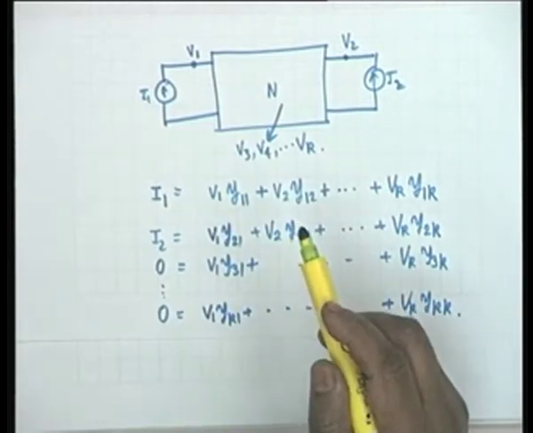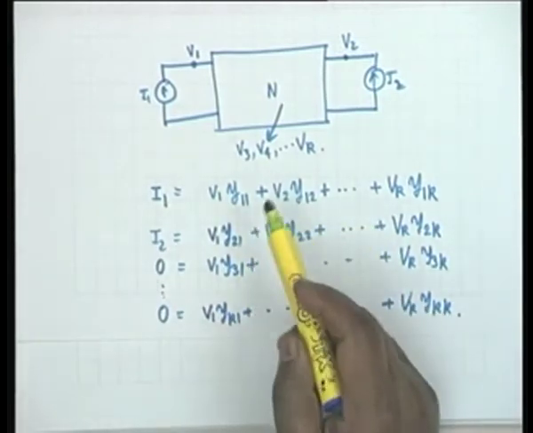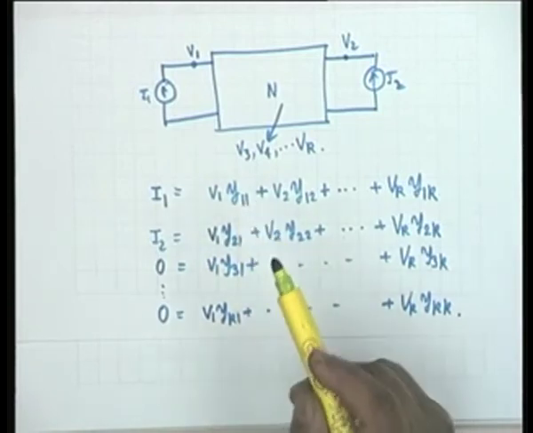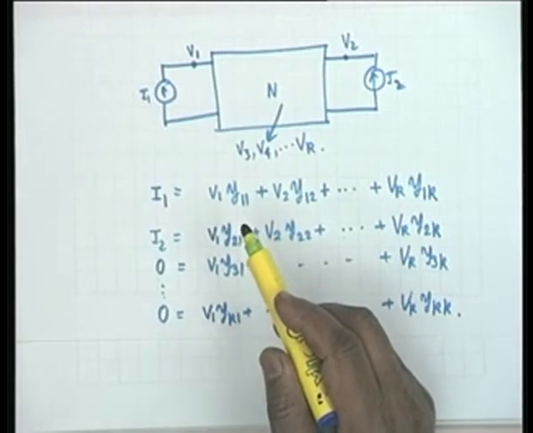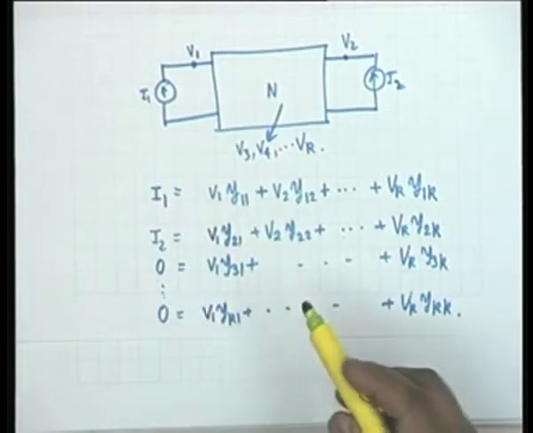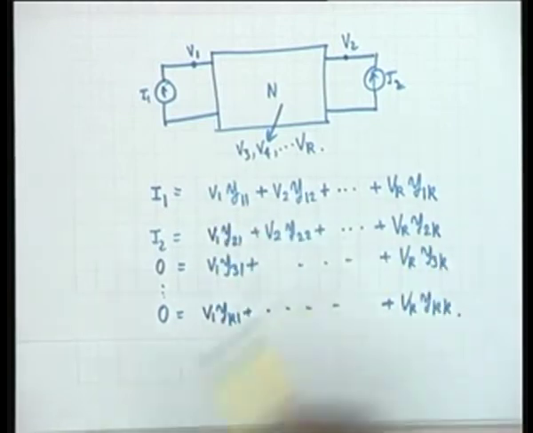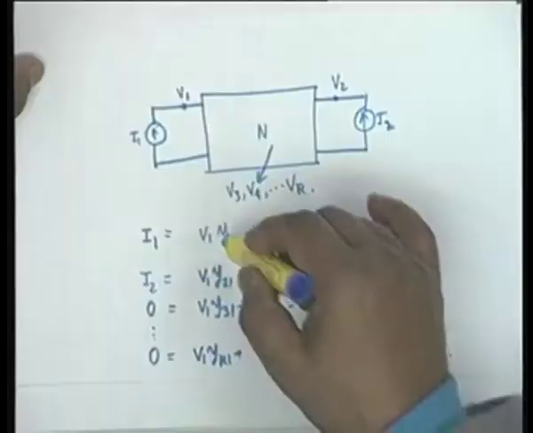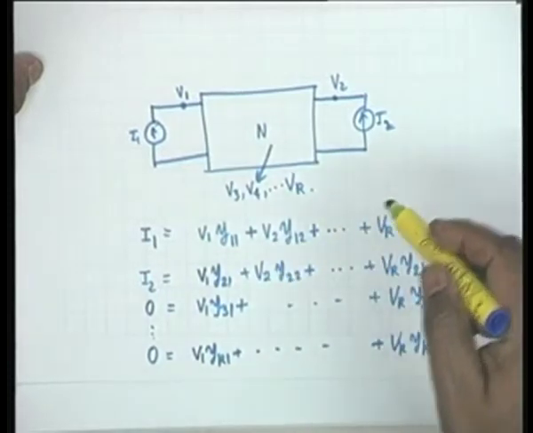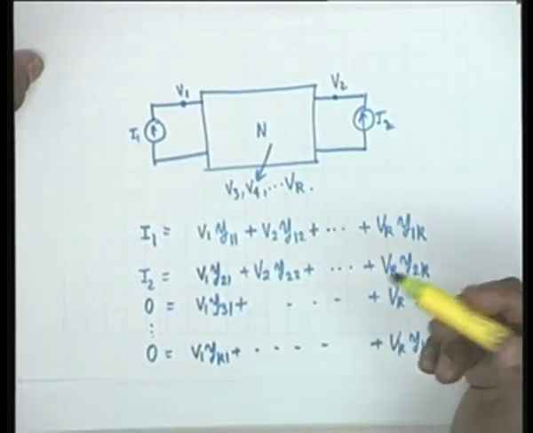Now, in these equations the constants that occur have 2 varieties. The subscripts may be the same, subscripts may be different. If you notice, if I write the Y matrix, the matrix of coefficients, then the diagonal elements are all of the same 2 subscripts, that is of the form Yii, and the off diagonal elements are all with different subscripts, ij type.